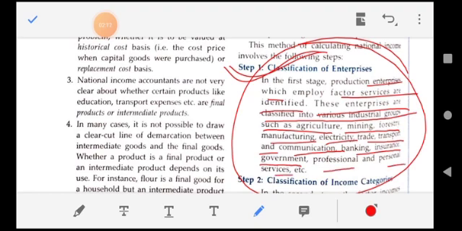In the previous video, I already told you that enterprises are classified into three categories. First, primary, which belongs to agriculture. Secondary belongs to manufacturing, and the last one is services, which means providing services like banking, communication, etc.